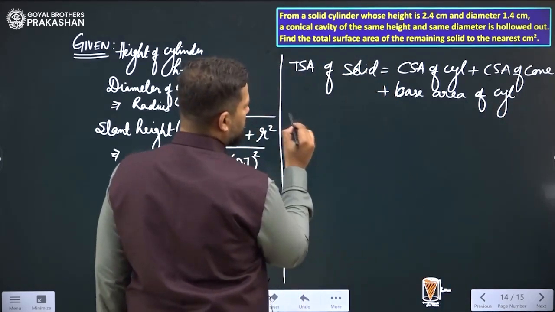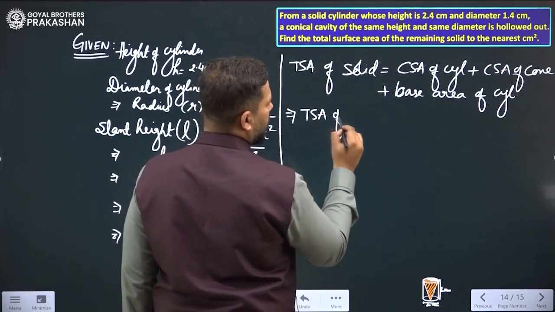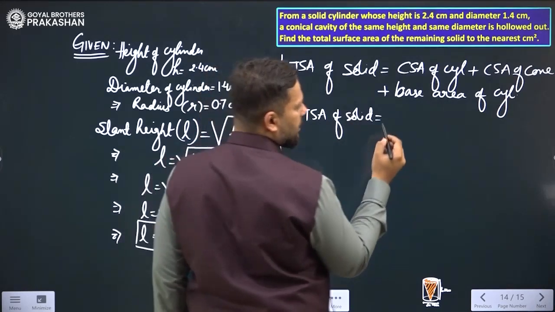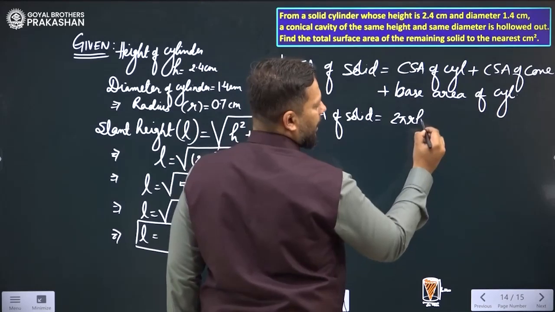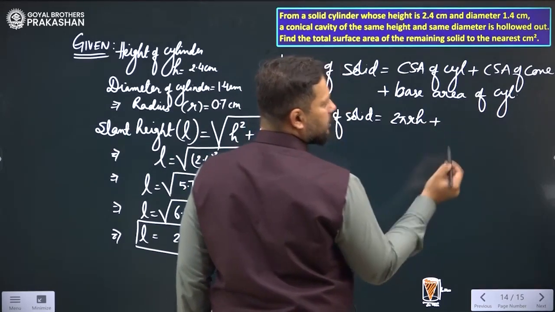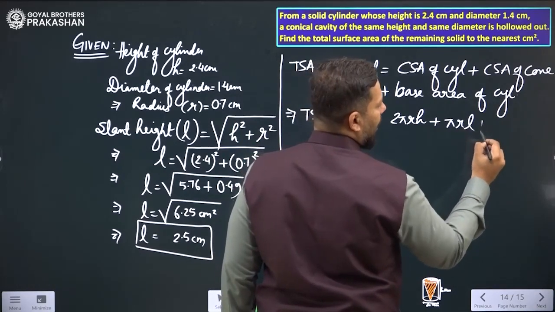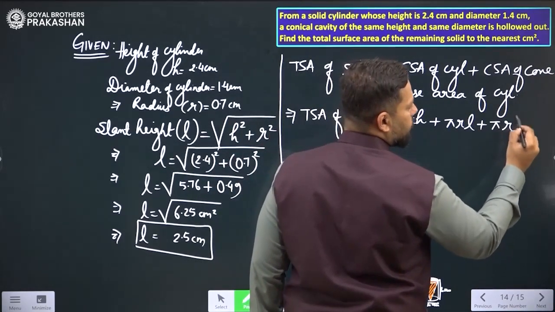Okay, let us now substitute the values. The total surface area of solid is going to be the curved surface area of cylinder, that is 2 pi r h, added with curved surface area of cone, that is pi r l, and added with the base area of cylinder, that is pi r square.